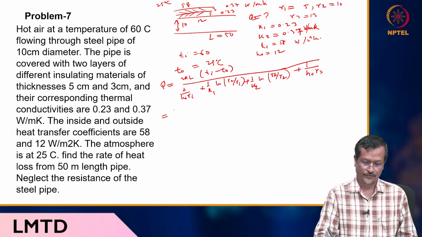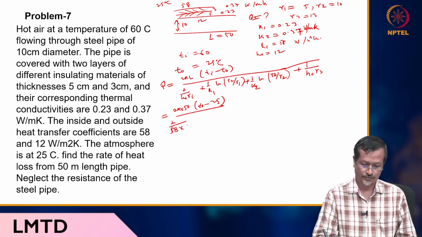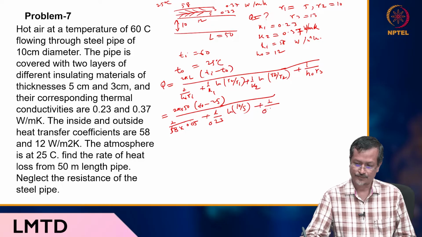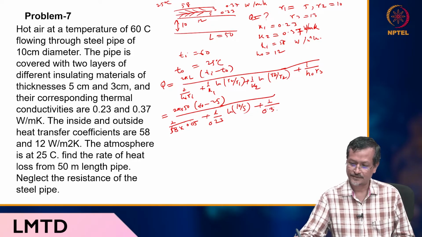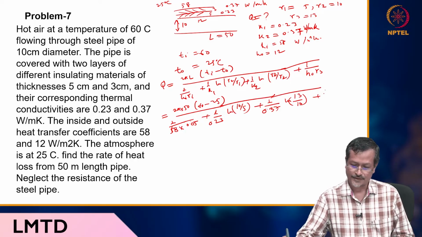So if I put all the values, 2 pi 50 (60 minus 25) divided by [1 by 58 into 0.05 plus 1 by 0.23 logarithm of 10 by 5 plus 1 by 0.3937 logarithm of 13 by 10 plus 1 by 12 into 0.13].